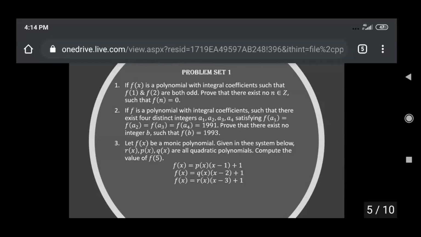They have given that f of 1 and f of 2 are odd. Use that property. They can chat with me. I will give you 4 to 5 minutes to solve this question. Then I will move on to the next question.